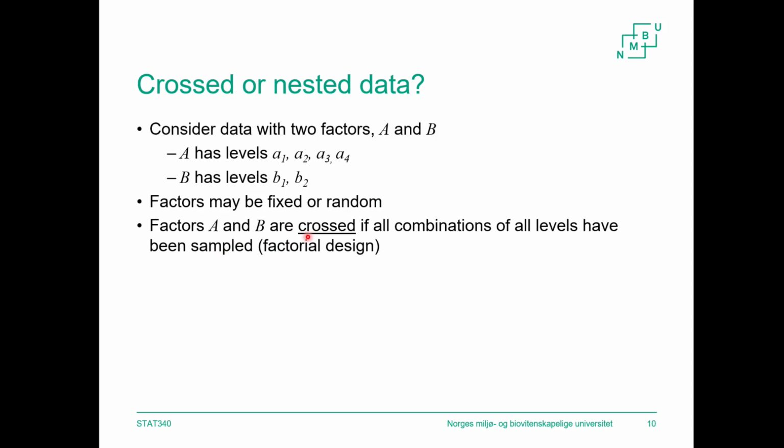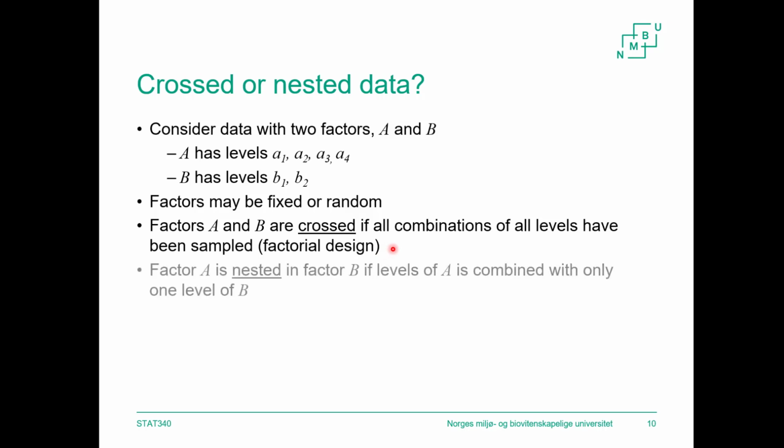Factors A and B we say are crossed if all the combinations of all levels have been sampled. Factorial design. Factor A is nested in factor B if levels of A are combined with only one level of B.